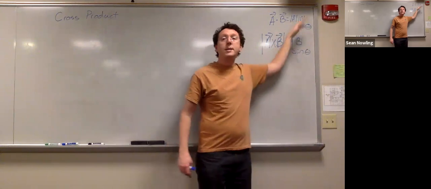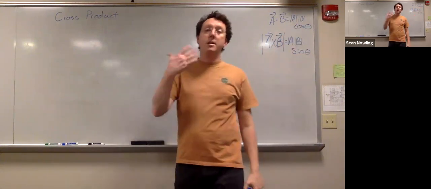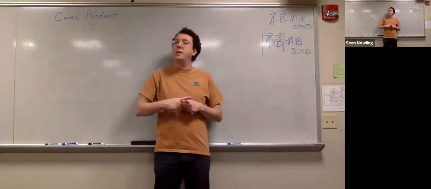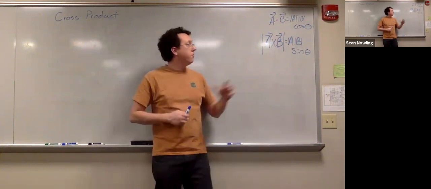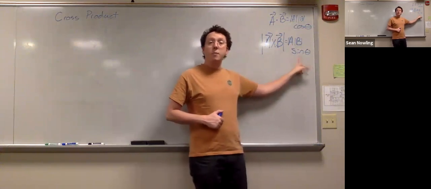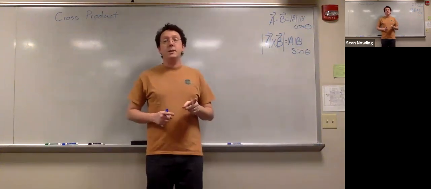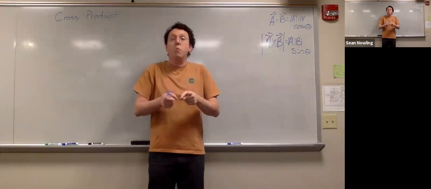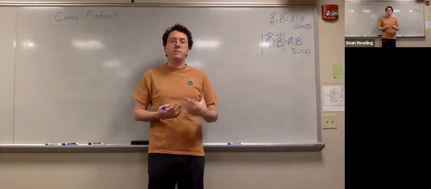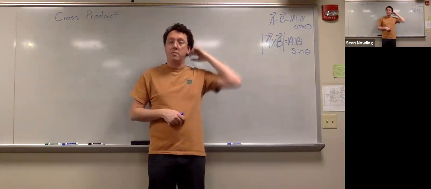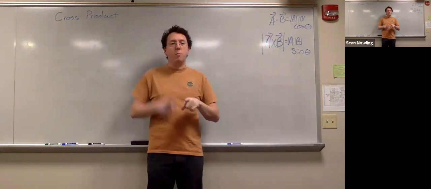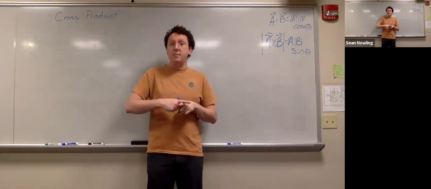You can already see that from here. When you have a dot product, the cosine of the angle is 0 when things are perpendicular. Well, for cross products, you get sine of theta, which is 0 when the angle between two vectors is 0 or 180. When they're parallel, the cross product gives 0. So the cross product is not 0 when they are perpendicular. It is 0 when they're parallel.